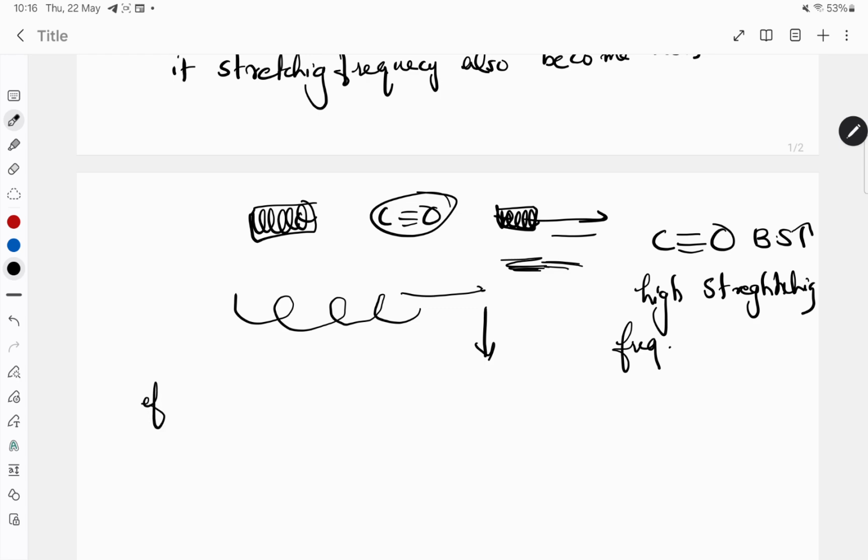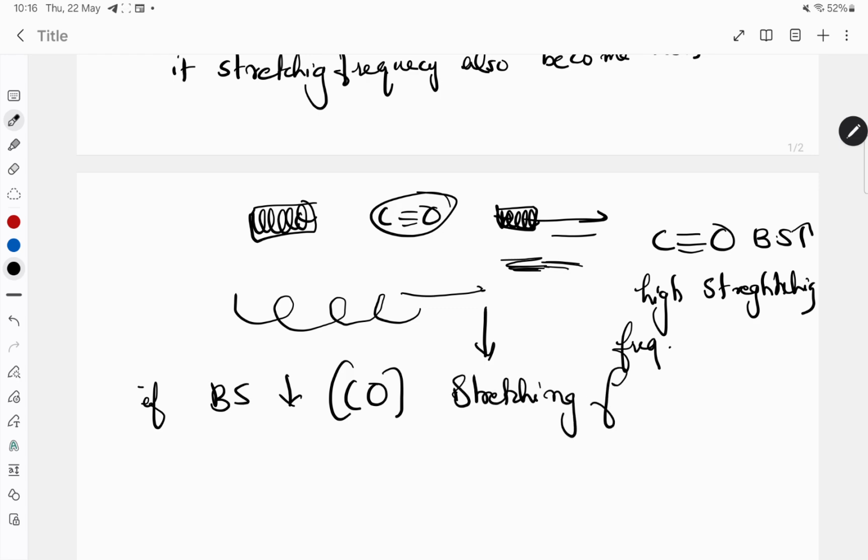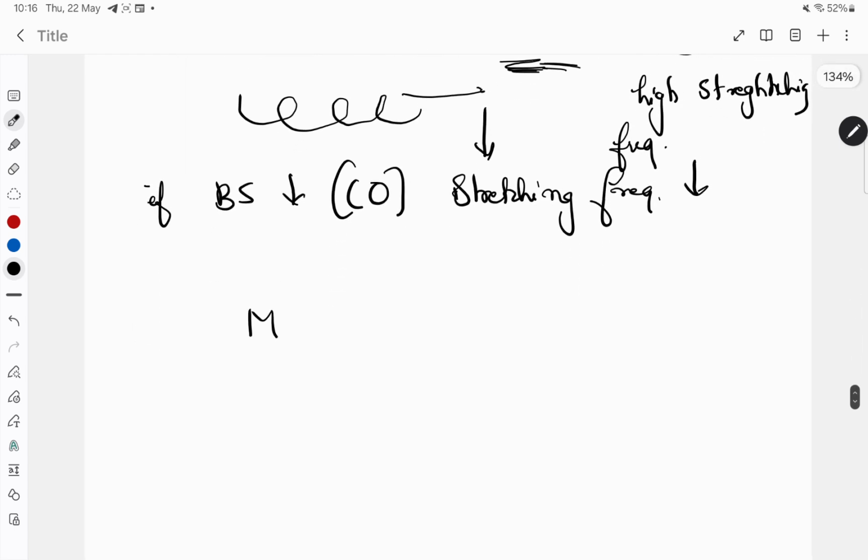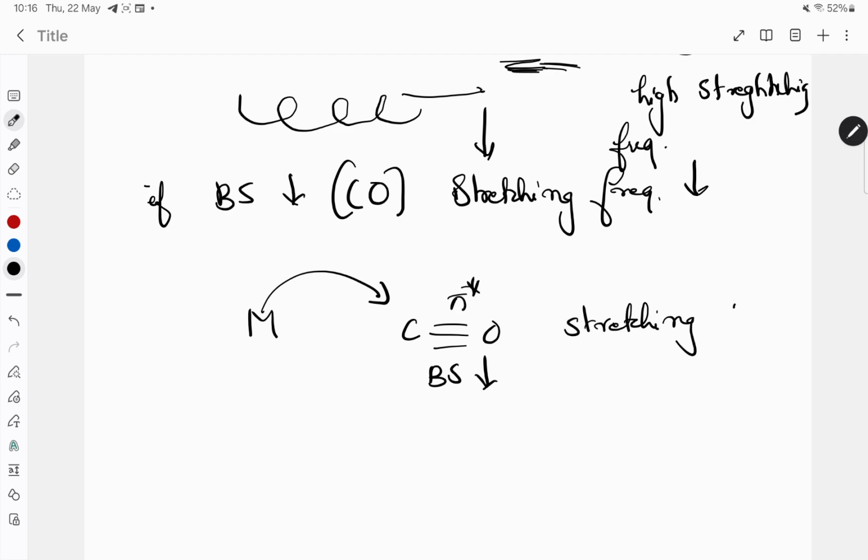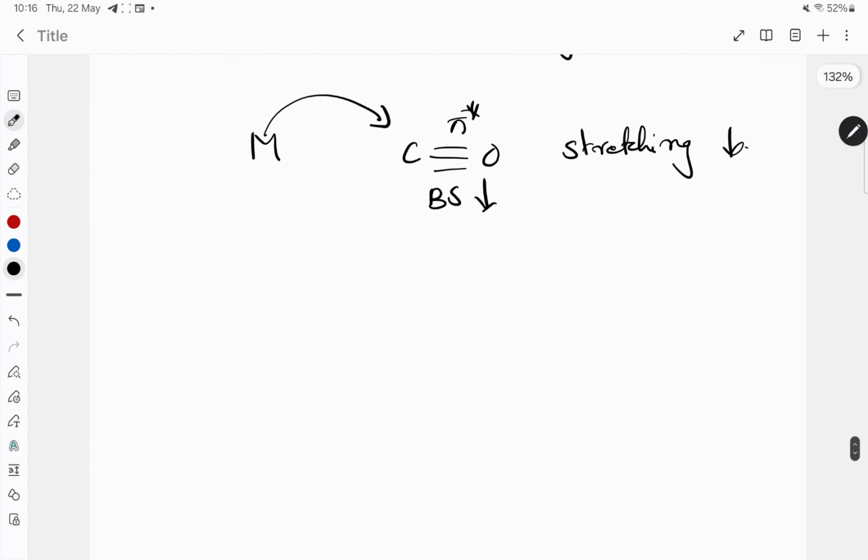If bond strength is more, it will have a high stretching frequency. But if the bond strength is less, its stretching frequency will be less. So that is why, if the metal is giving electrons to the CO pi star, the bond strength becomes weaker, so the stretching frequency also becomes lower. Now, what is the order of stretching frequency?